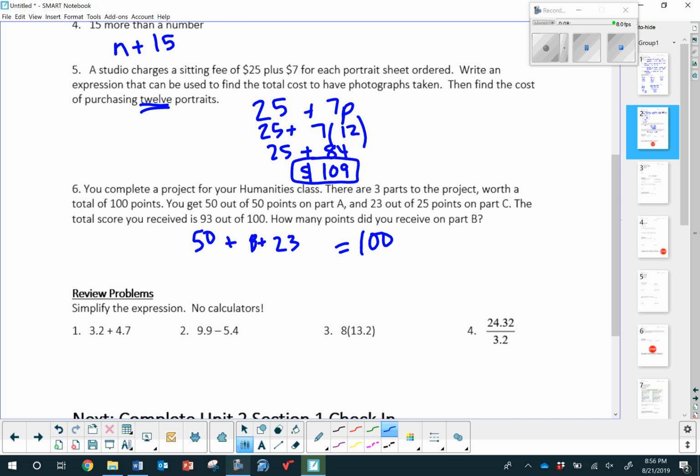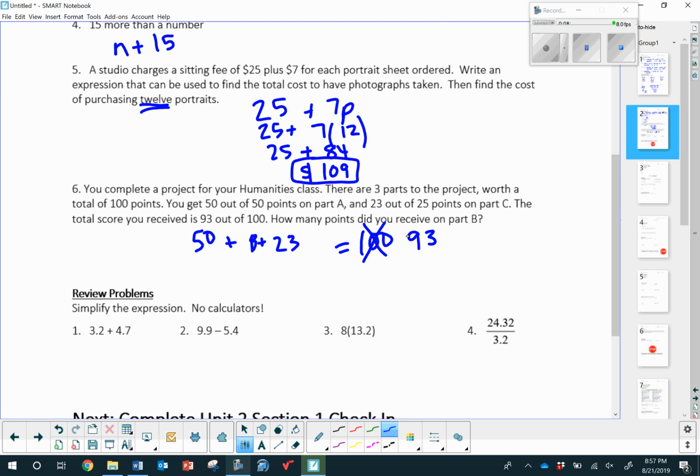So I'm actually going to go ahead and change this 100 here to 93, because we didn't get 100 on our project for humanities class. It was worth a total of 100 points, but we only scored 93. What I want you to do is read the entire problem before you start plugging numbers in.